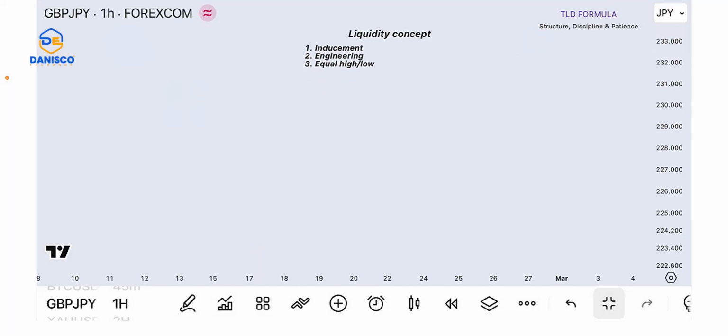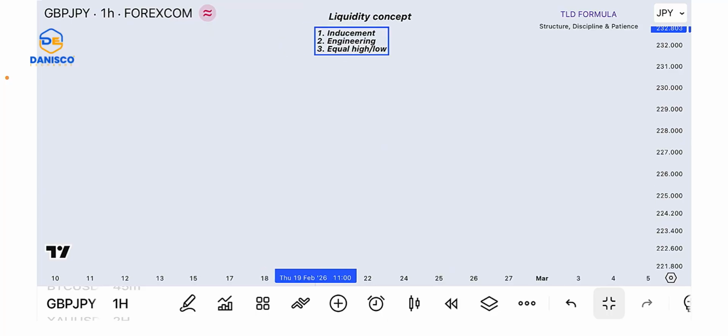So these are the three types of liquidity I basically teach. Not just teach, this is what you see on your chart. The inducement liquidity is another type of liquidity that other traders see as structural liquidity. So sometimes you'll see a lot of traders on social media talking about structural liquidity.